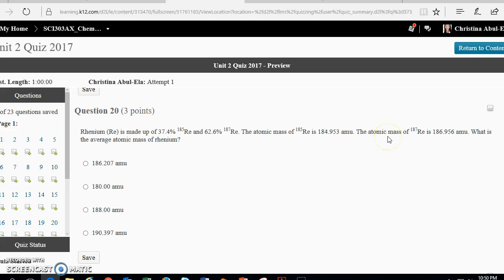The atomic mass of rhenium-187 is 186.956 atomic mass units. What is the average atomic mass of rhenium? Is it 186.207 atomic mass units, 180 atomic mass units, 188 atomic mass units, or 190.397 atomic mass units?